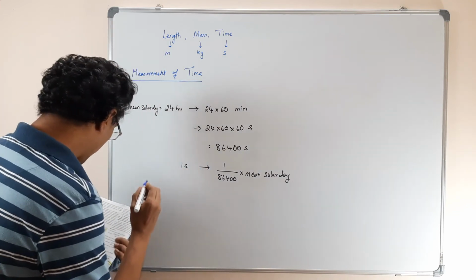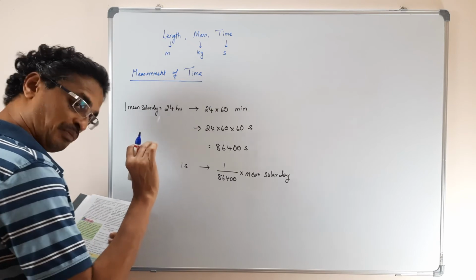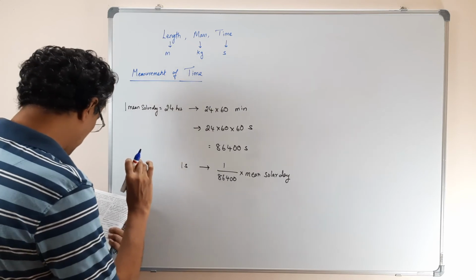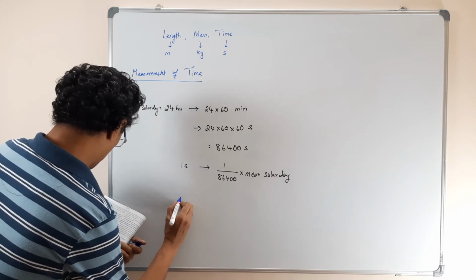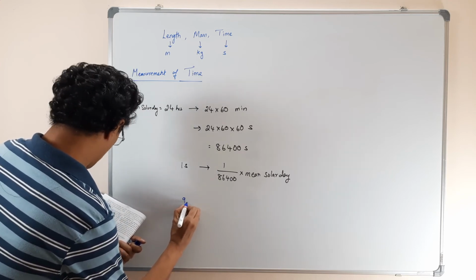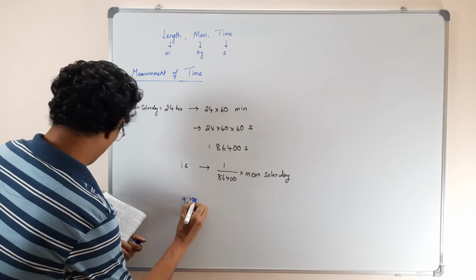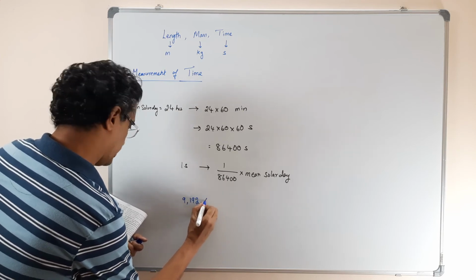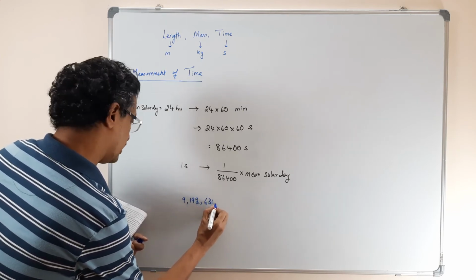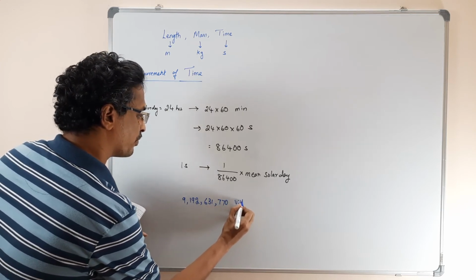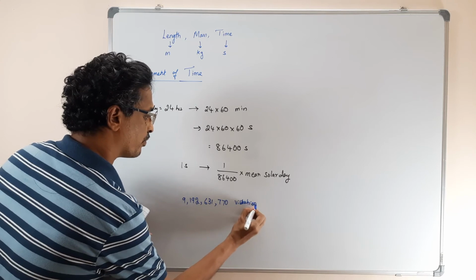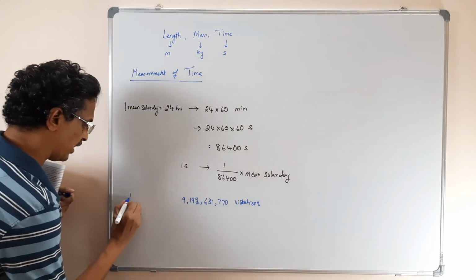The time taken for the vibration of a cesium atom, this is a huge number, 9,192,631,770 vibrations.